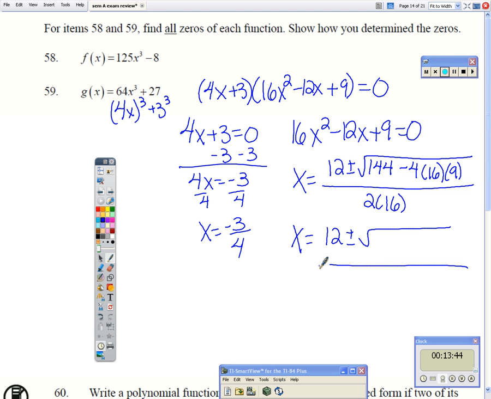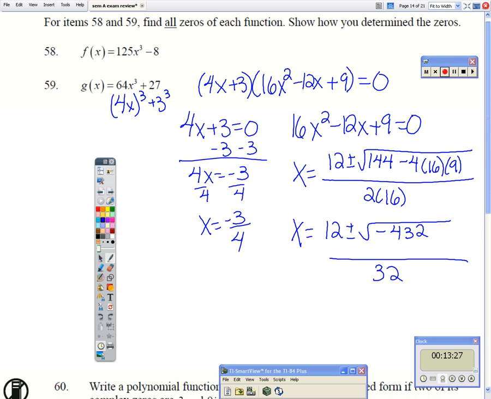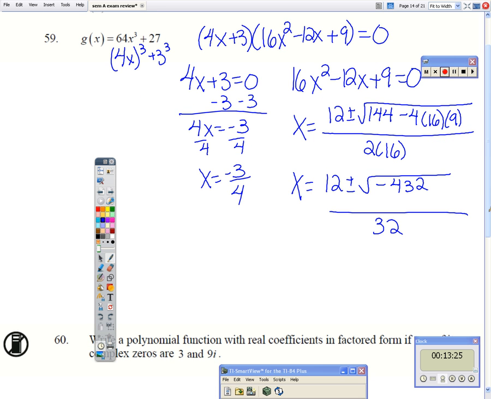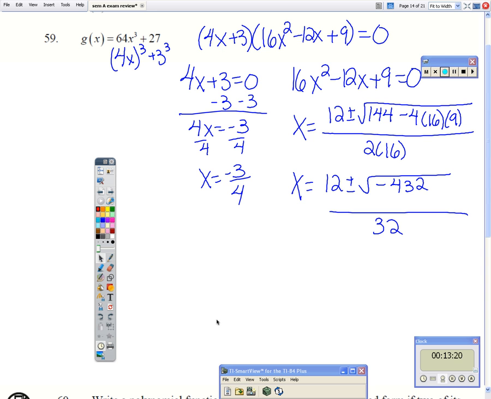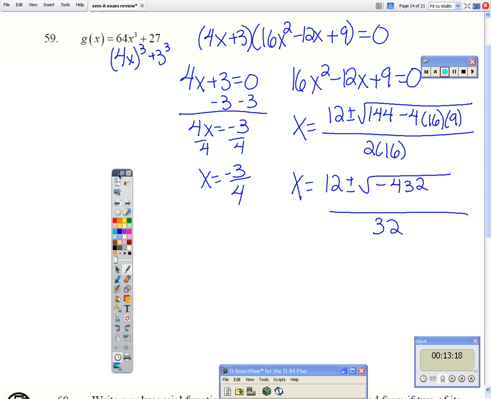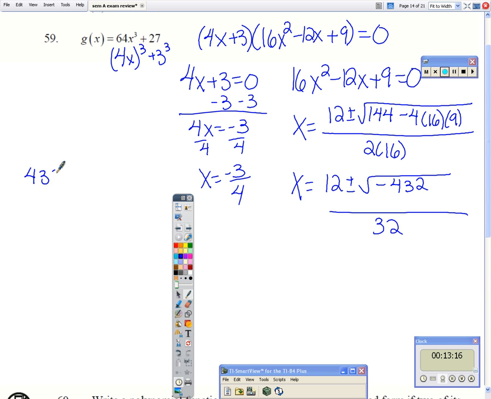Okay, we get to use our calculator, so I'm going to use that to help me with the arithmetic. This is negative 432 over 32. So negative 432, I wonder if that has any perfect squares as a factor. So let's see, 432.